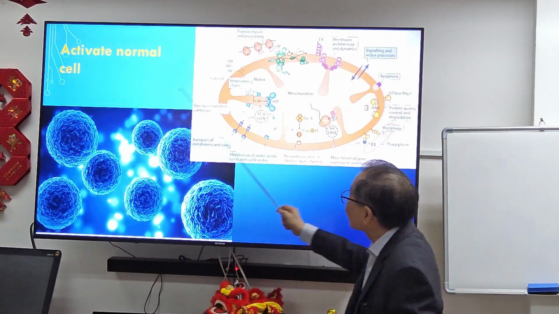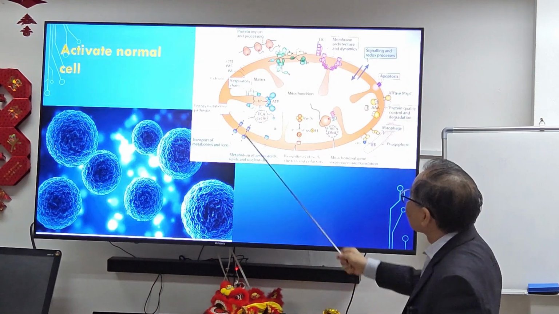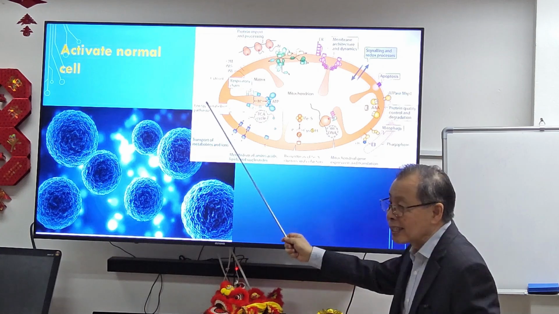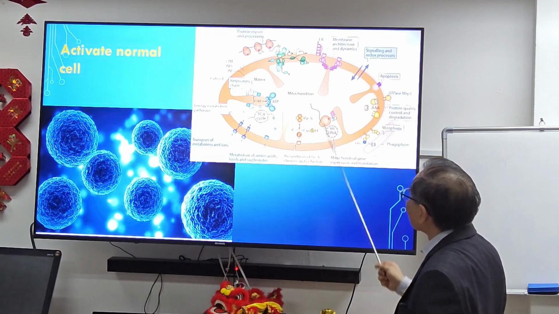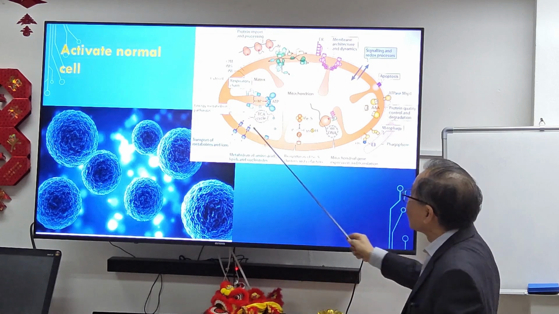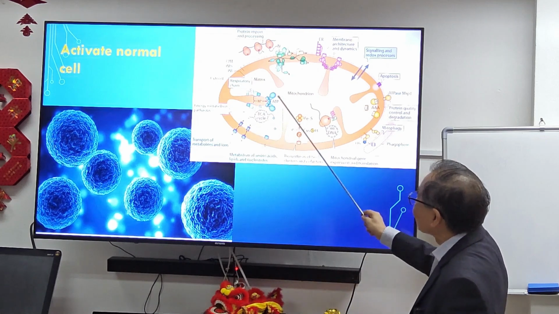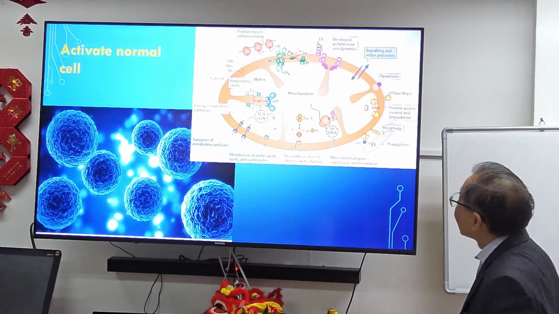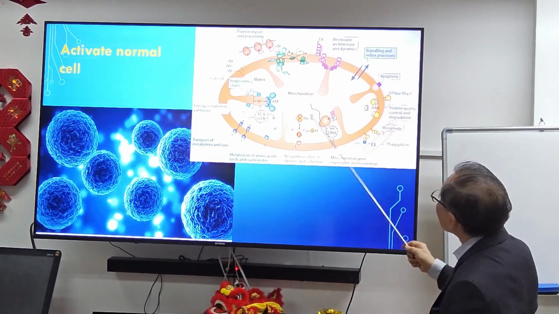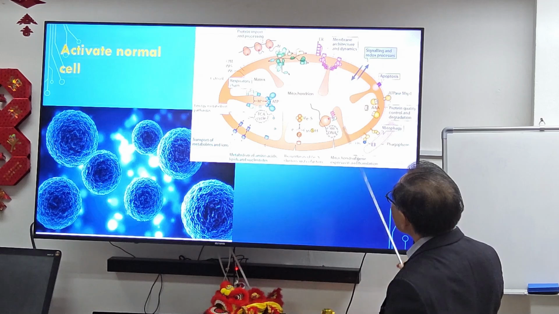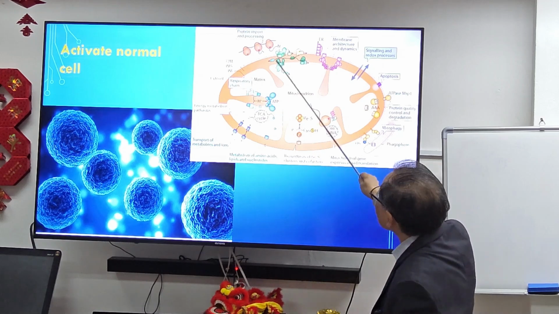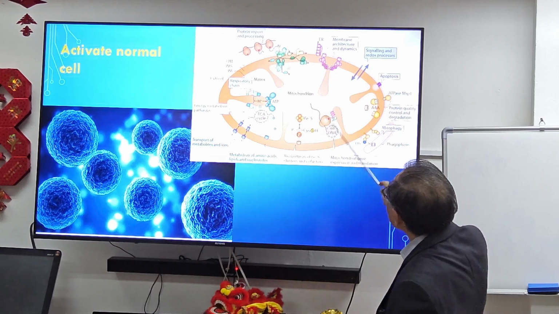And it activates normal cells. This is a picture of the mitochondria. This is a composite picture. It tells you the different functions that the mitochondria has. For example, it gives you energy in the form of ATP, right? It also gives you energy in the form of sugar molecules, so this is not shown here. But it can produce a lot of things. All the protein processing.